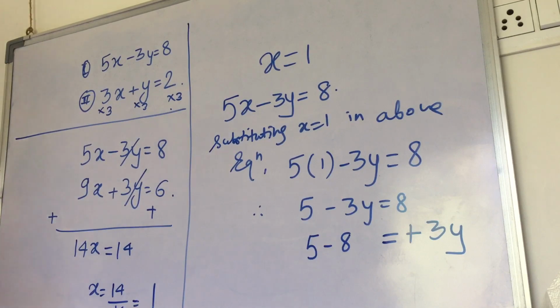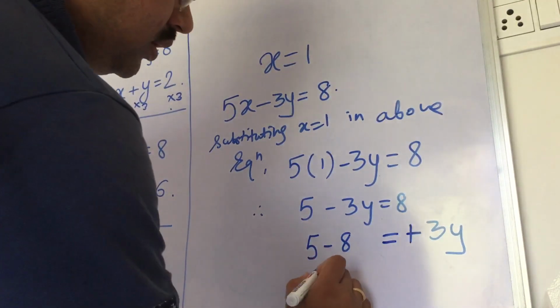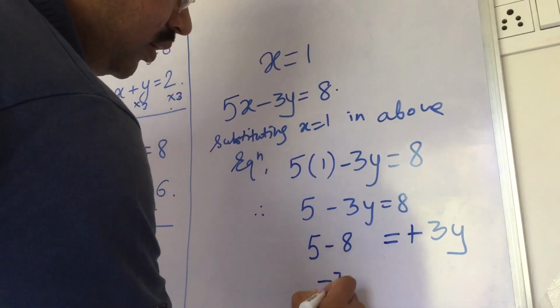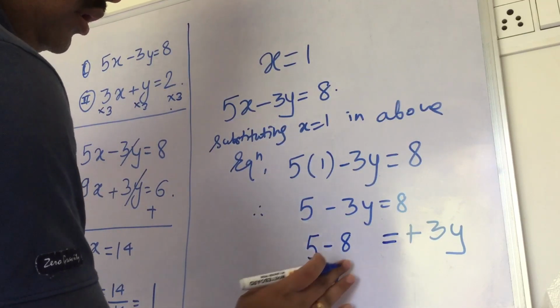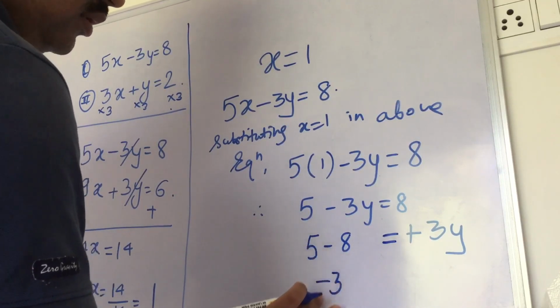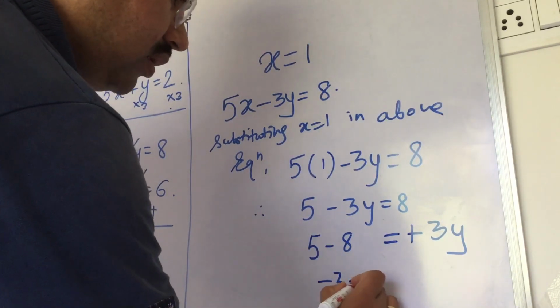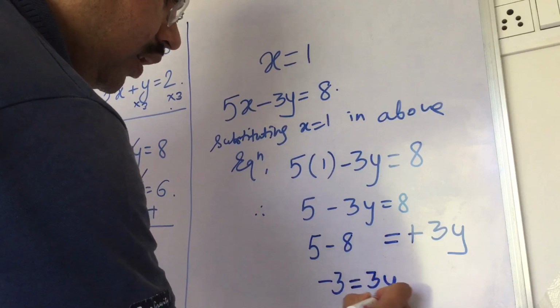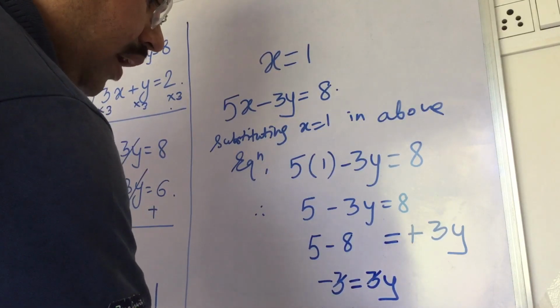So 5 minus 8 is minus 3. Since the sign of the bigger figure is minus, their subtraction will be 3 and the sign is minus. Therefore minus 3 equals 3y. 3 and 3 cancel, y equals minus 1.